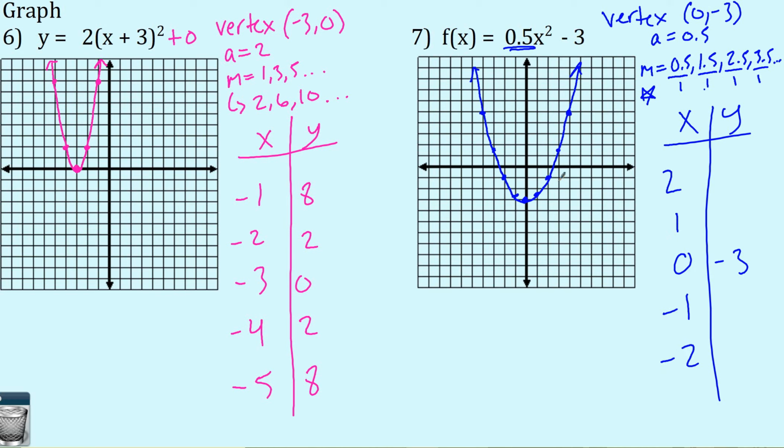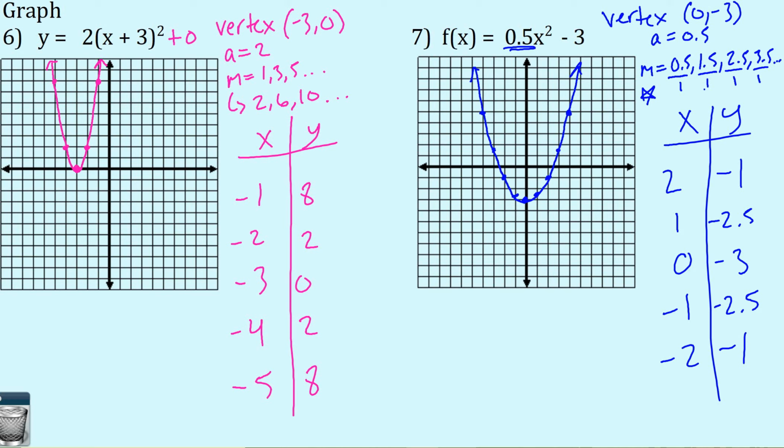These don't come out so nice, but that's okay because I can leave them as decimals, since it's easier to plot a y value as a decimal. And if we plugged in 2, we would have gotten -1.